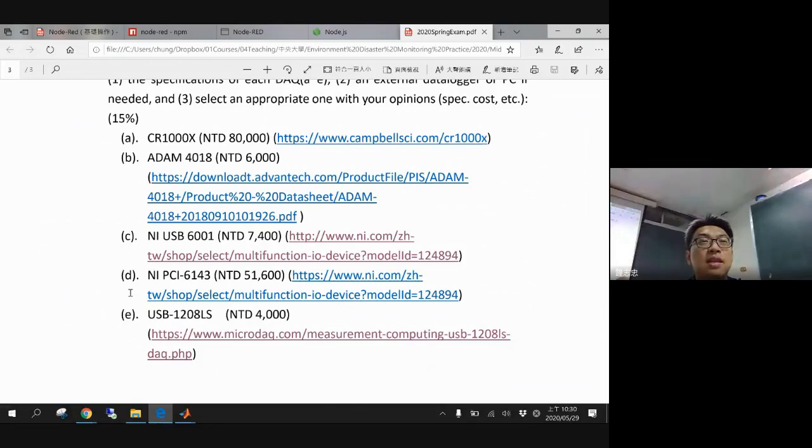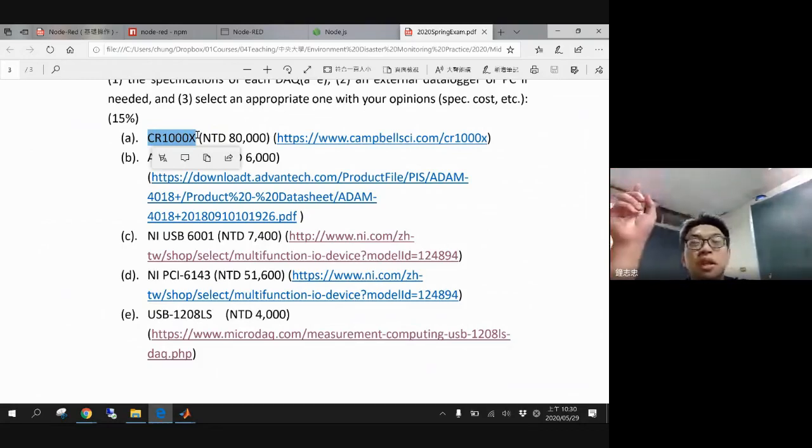And the last thing is that only one does not need a computer. It is the CR1000X. You can program it with the software we call LoggerNet.